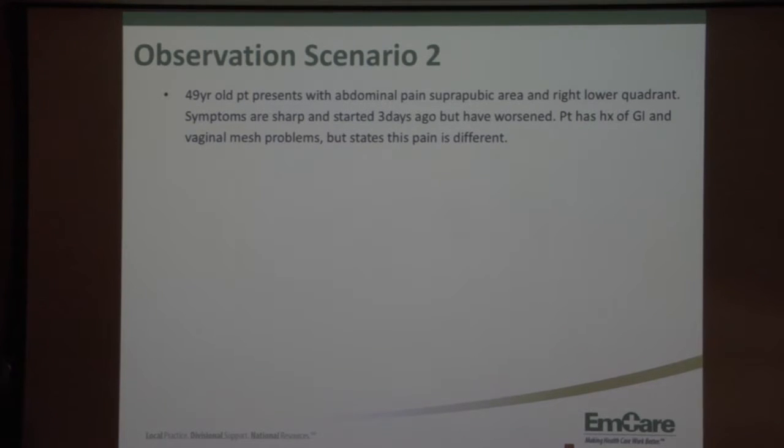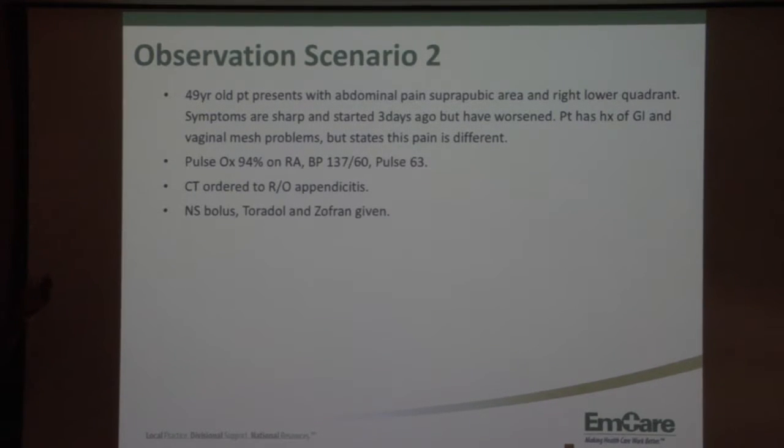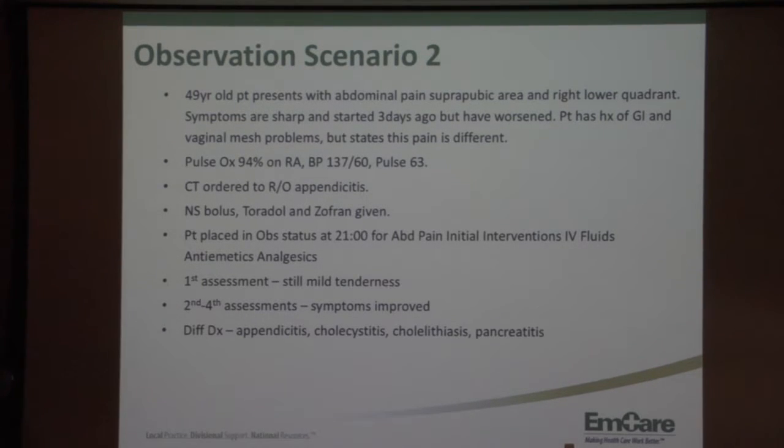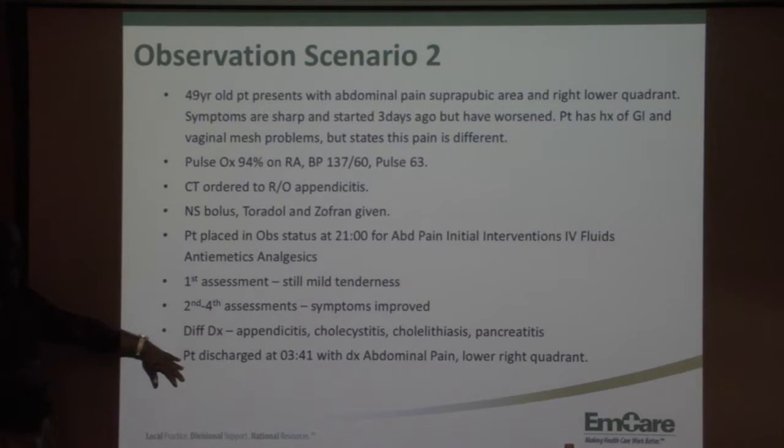So, a 49-year-old with abdominal pain, suprapubic and right lower quadrant. We do a set of vitals. CT is ordered to rule out appendicitis, give a bolus of fluids, Toradol, Zofran, and place in observation at 2100. First reassessment, they still have some tenderness. At 2 through 4, symptoms improved. We're thinking appendicitis, cholecystitis, pancreatitis. We get back our CT for abdominal pain, right lower quadrant, and it's negative.